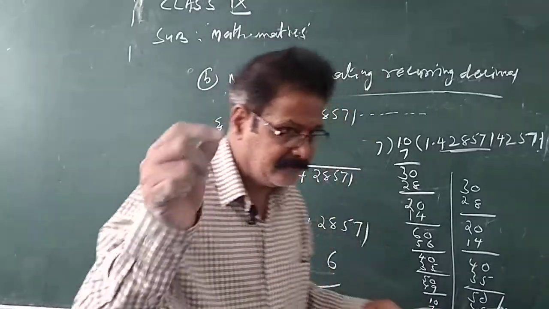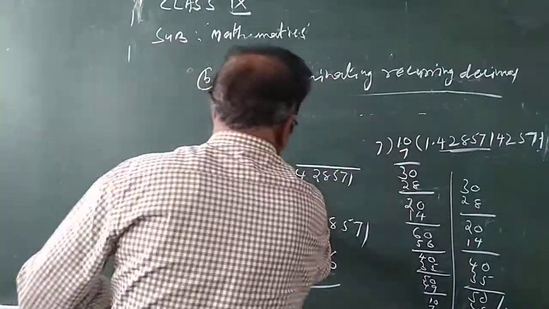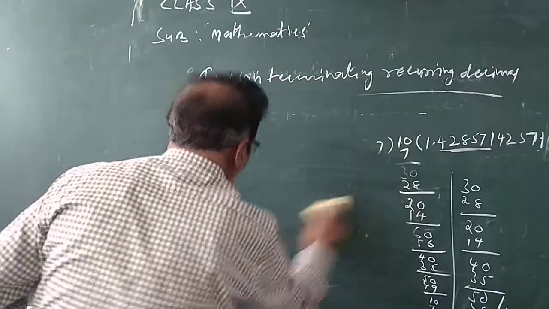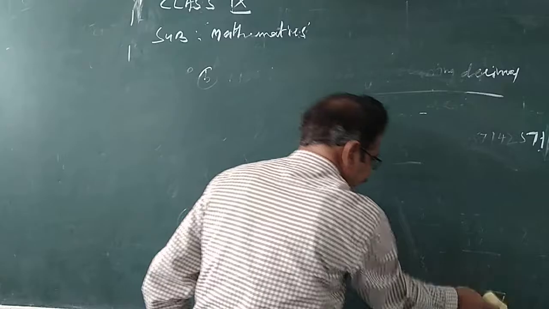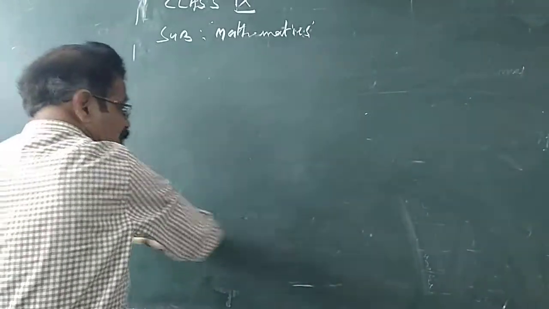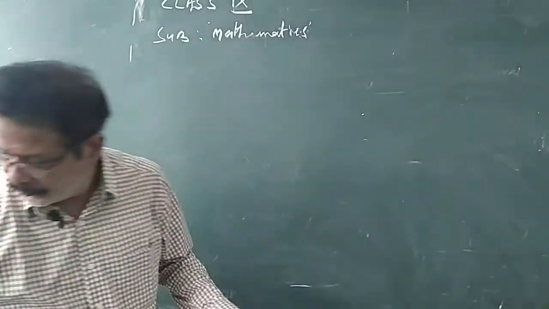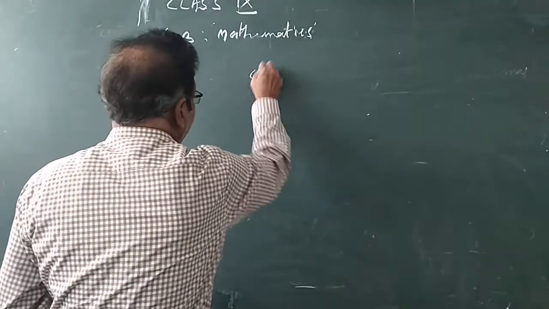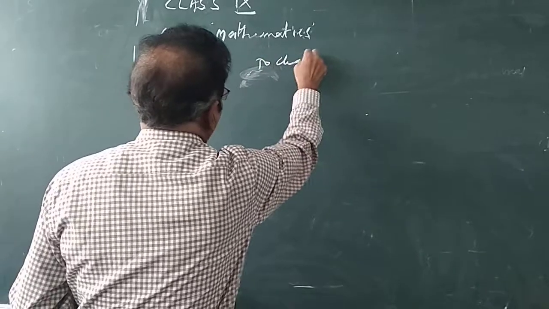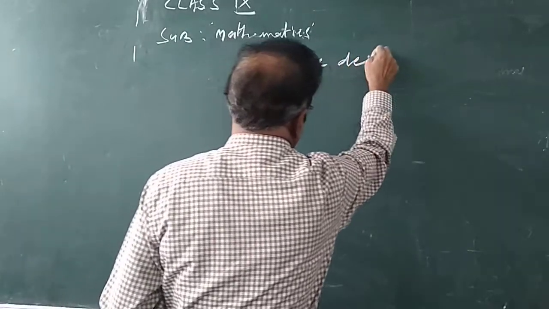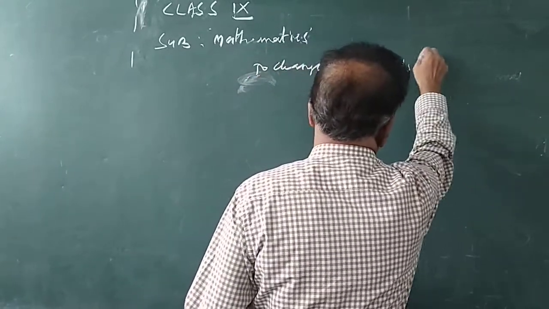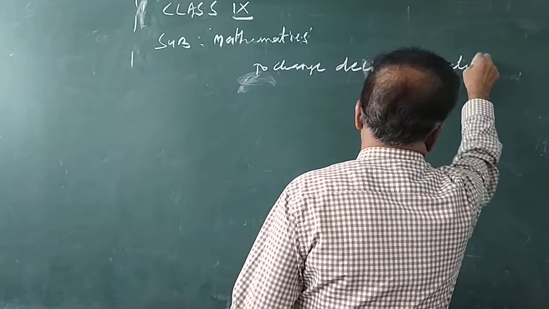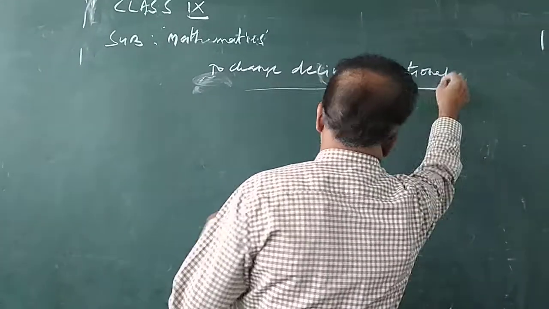Now, we know how to change rationals into terminating and non-terminating decimals. Now change decimals, whether terminating or non-terminating, into rational, P by Q form.